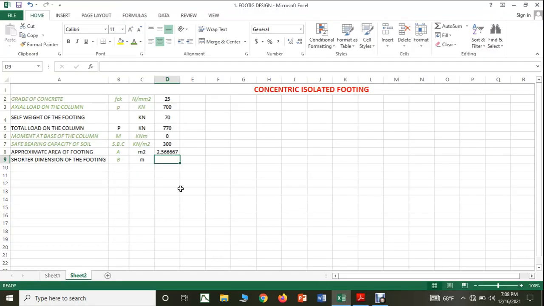So then how to apply square root here? I will tell you. If you click SQRT, first you have to give equals, then just click SQ, you can see here the square root will appear.